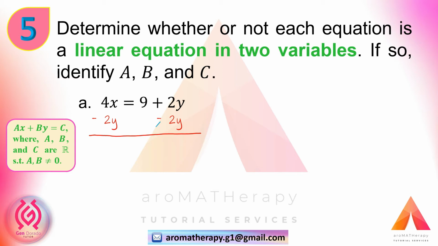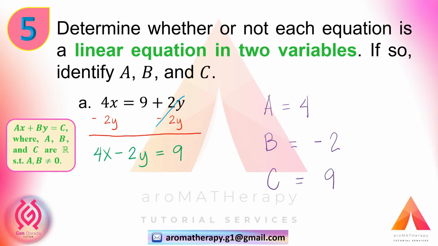Let's simplify. So here 4x minus 2y is equal to 9. So when we notice, this is now a linear equation in two variables, just in standard form. So here, you have your A equal to 4, B equal to negative 2, and C equal to positive 9.